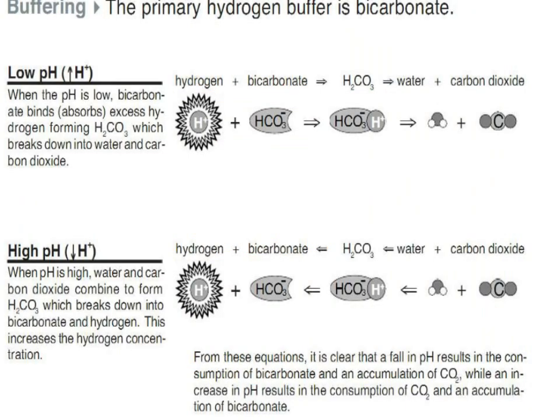This slide also provides an explanation to the video given above, that whenever there is a low pH, the first scenario, the bicarbonate binds with excess hydrogen forming H2CO3, which breaks down into water and carbon dioxide.